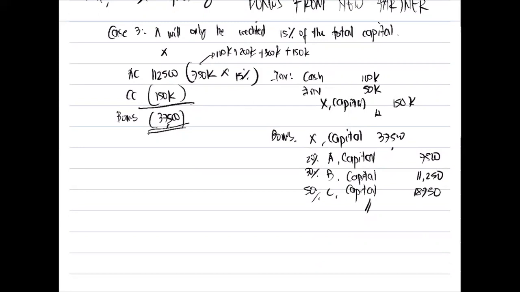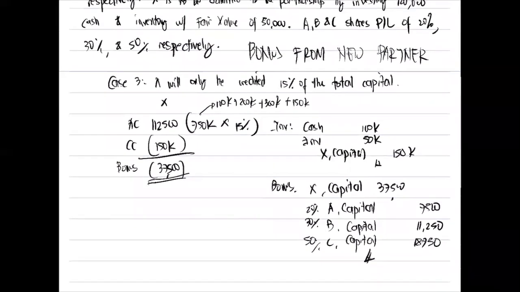Okay. So, look at the difference. A while back, it is a bonus to. Now, it is a bonus from. Take note, who will only share the bonus. So, the bonus is either to or from the new partner.